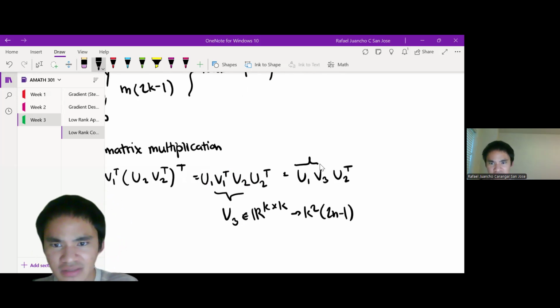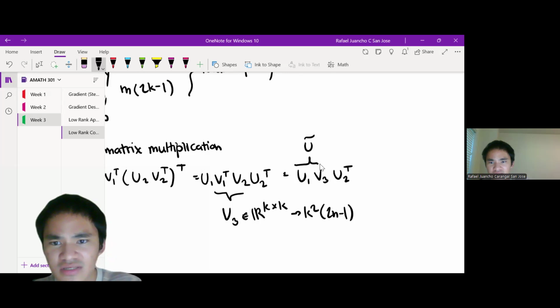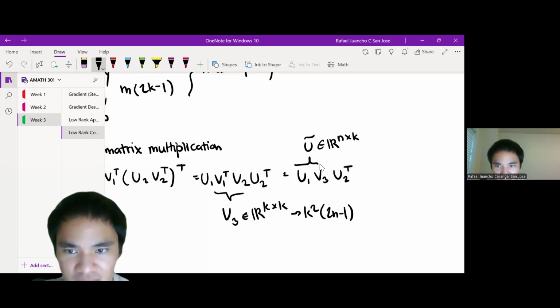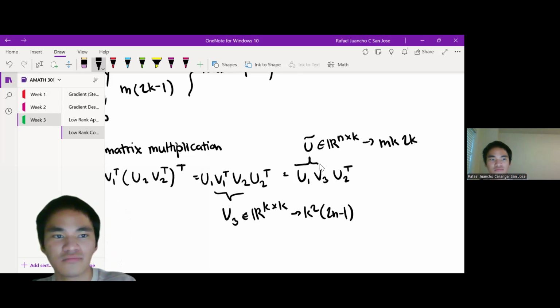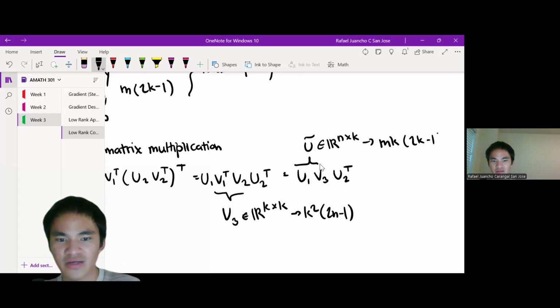We'll call it u tilde. Too many variables. U tilde is, well, n by k. If this is k by k, okay. And then from there, our complexity is just mk to k minus 1, right?